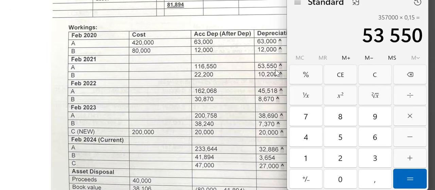So 63,000 plus 53,550 equals 116,550. Now for B, what we need to do, it's the reducing balance method.